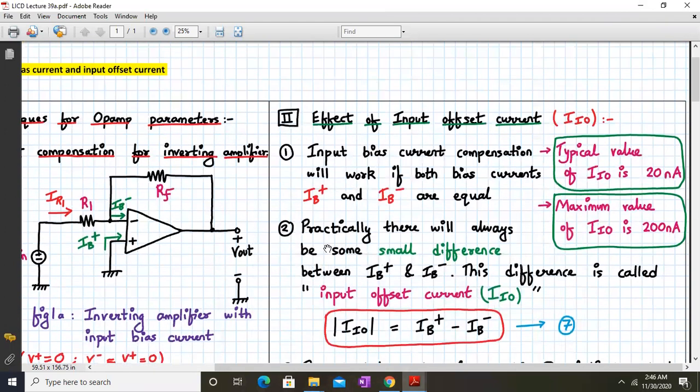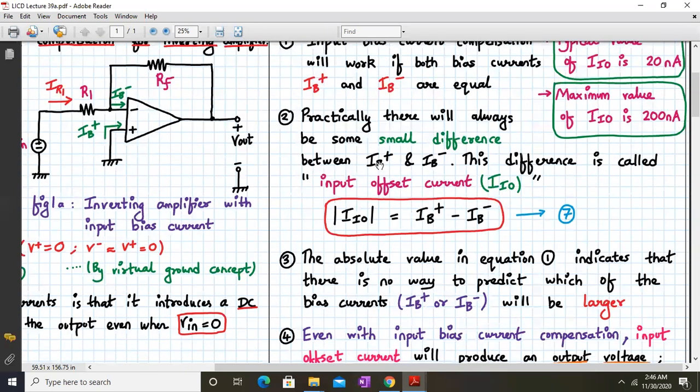The input bias compensation will work only if both the bias currents IB plus and IB minus are equal. But in most cases, IB plus and IB minus are never ever equal. Practically, there will be a small difference between them, and this difference is called the input offset current.